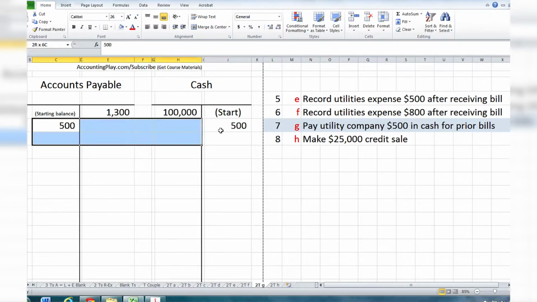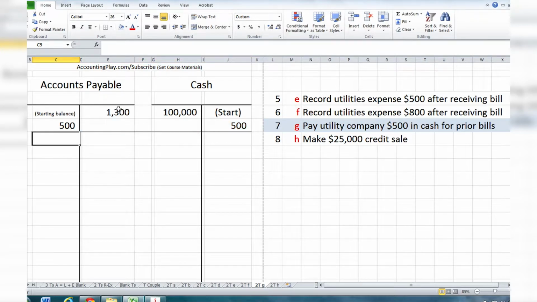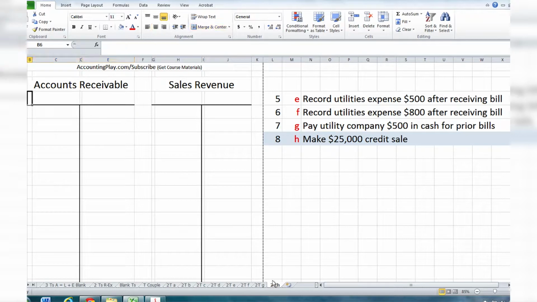Let's figure out our ending balances here. Accounts payable, $1,300 minus this $500, your ending accounts payable is going to therefore be $800. Cash starts at $100,000 minus $500, $99,500 remaining cash.